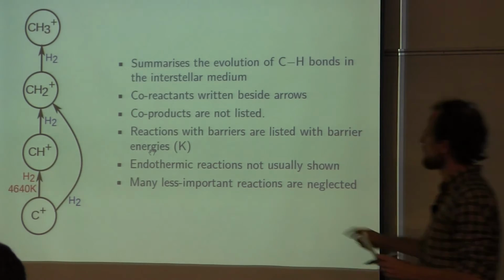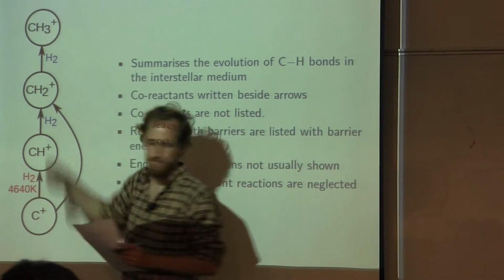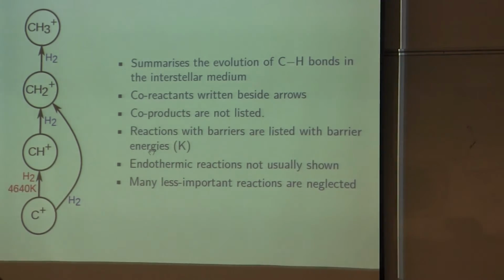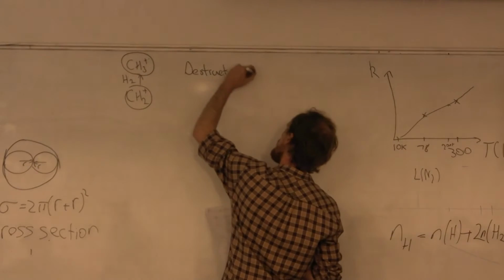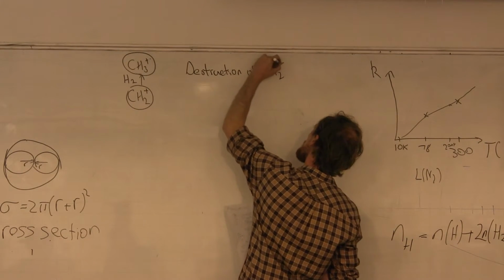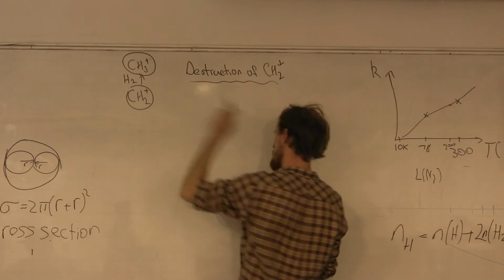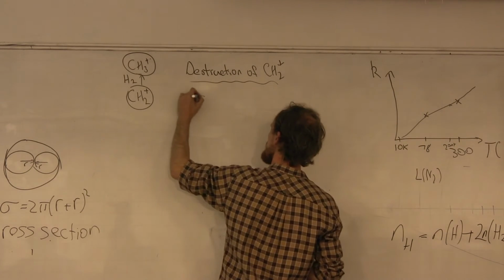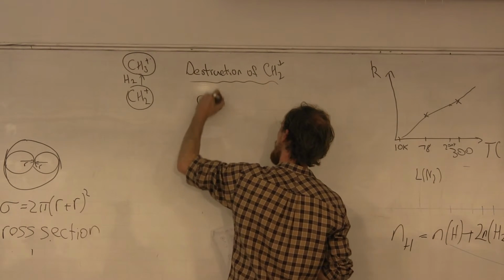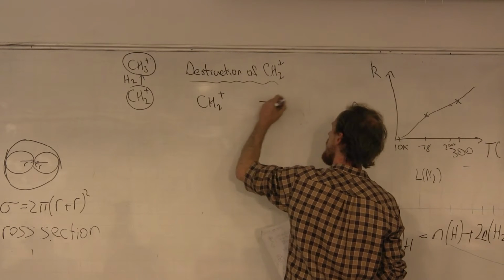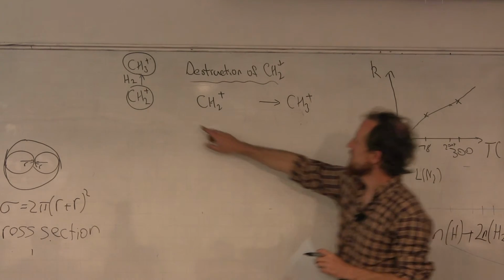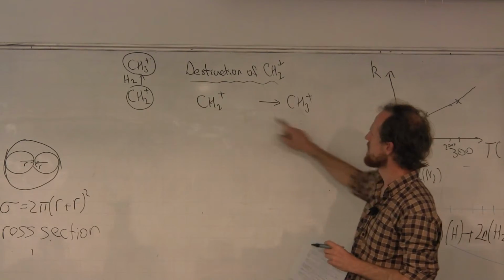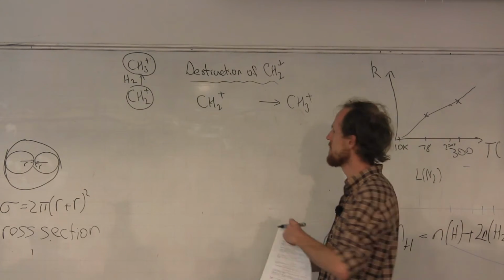So that's that part there. And what that's trying to tell us is this is the destruction of CH2+, one particular molecule. And it tells us even what the reaction is. It's a reaction from CH2+ going to CH3+. That's what the arrow is telling us.